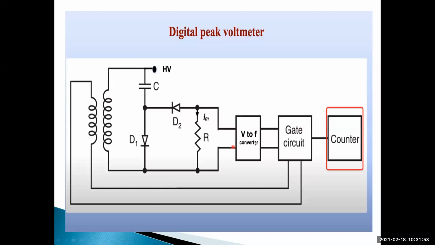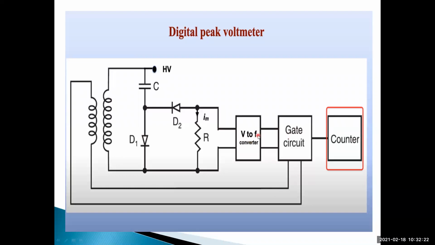This is called the voltage to frequency converter, and it converts voltage to frequency and gives it to the gate circuit. The frequency signal from the converter is given to the gate circuit. The gate circuit compares two signals: the supply side signal and this signal.